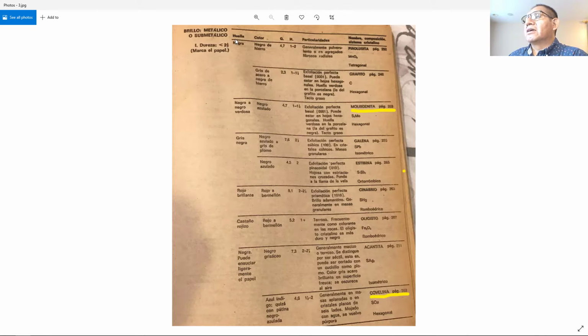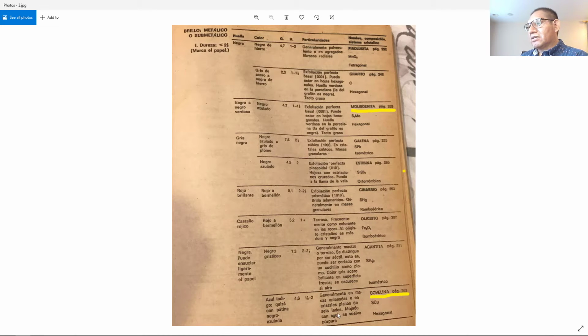You see the streak is black or black-green. How is the color? Black, blue, right? And all this, the hardness is between 1 and 1.5, right? And on this page you're going to have the description.